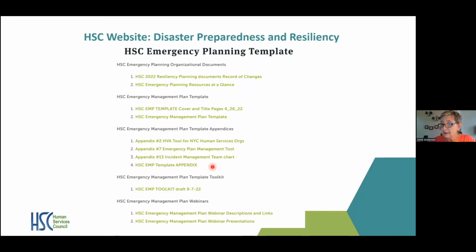Most of them are together right here. Some are separate spreadsheets. We are going to be focusing on this HVA tool, and you'll learn what HVA means in a moment, for New York City human services organizations. We'll spend a lot of time on that today. And then there's the instructions. All of the previous webinars are now on the website, with links to them as well as a little description of each of them.